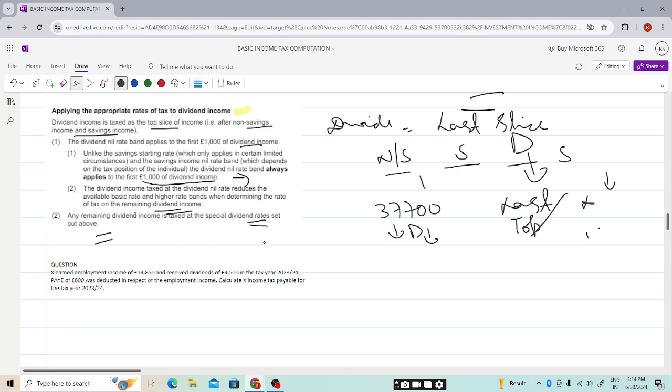That is, within the basic rate limit, it will be taxed at 8.75 percent, higher rate limit 33.75 percent, and additional rate 39.35 percent as mentioned. So now we will be starting with the question so that you have a better understanding.